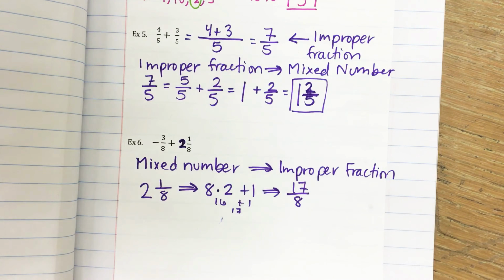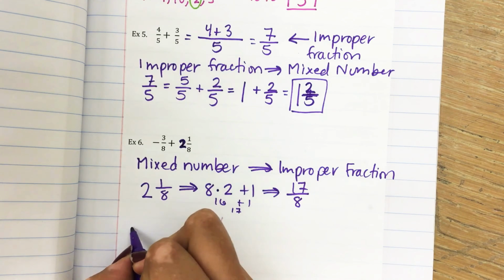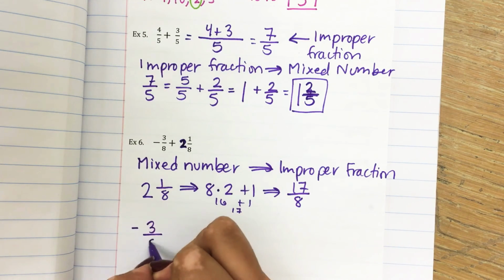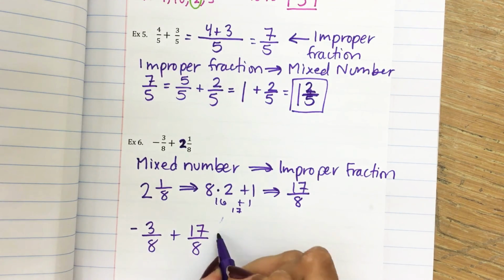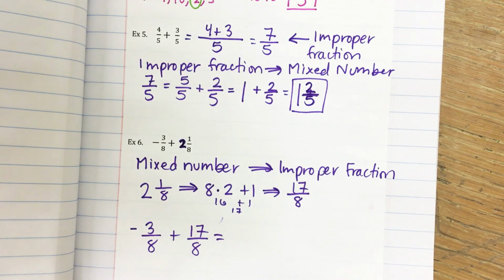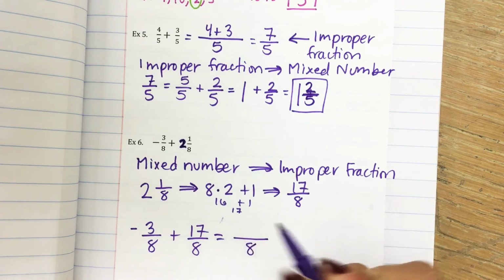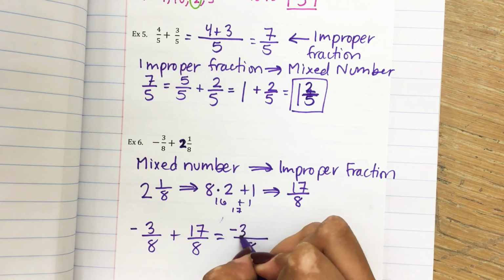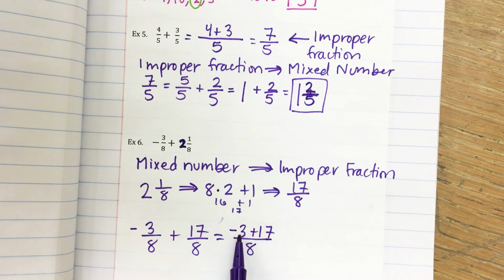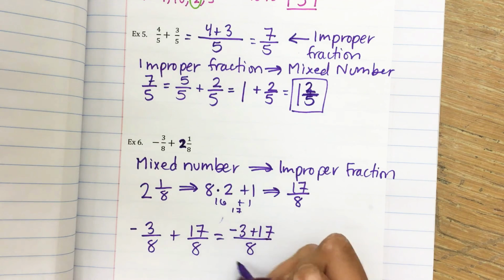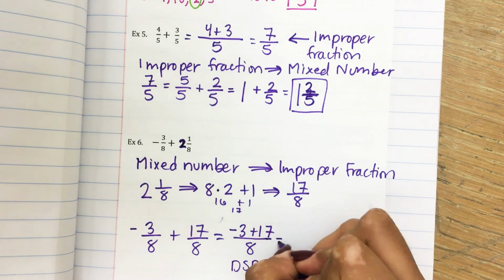Okay, so now I can go ahead and add it. I'm going to rewrite the problem: -3/8 plus 17/8. The denominators are the same, so I'm going to keep it as an 8, and I can do -3 plus 17 on my numerator. They are different signs, so I'm going to do DSD for this one, and we're going to subtract.